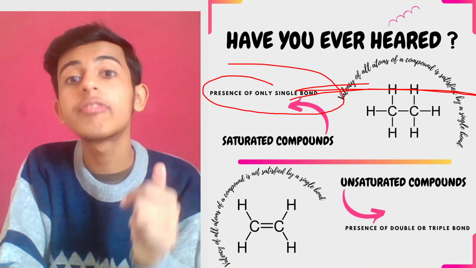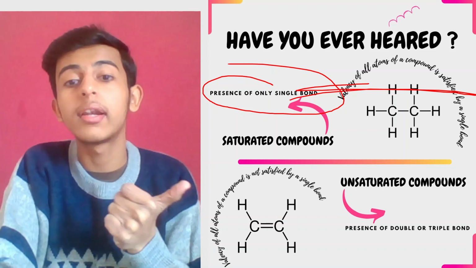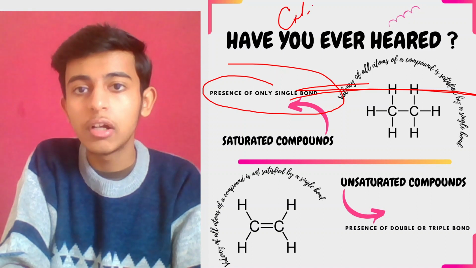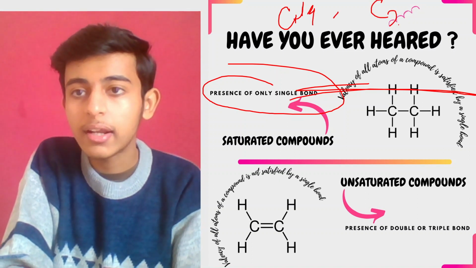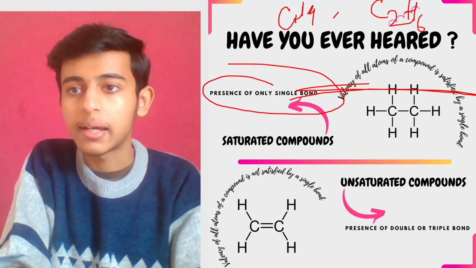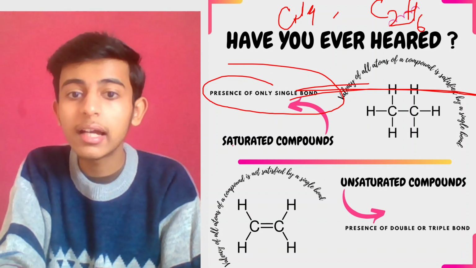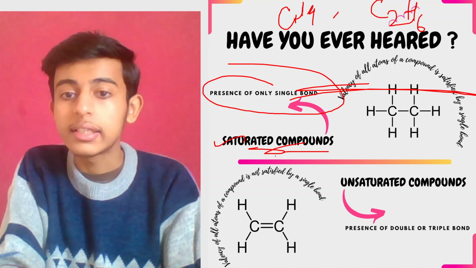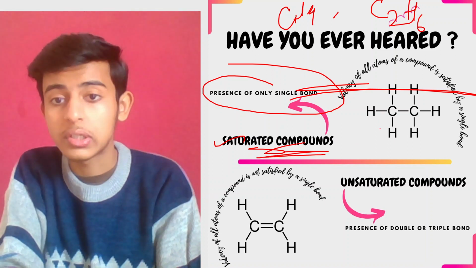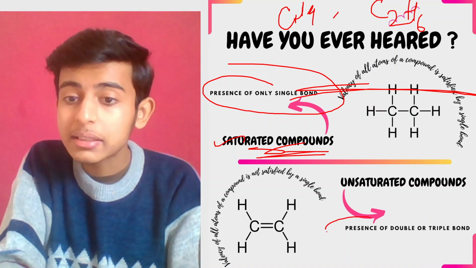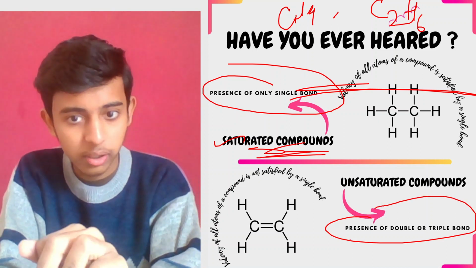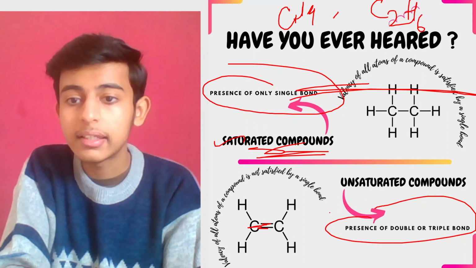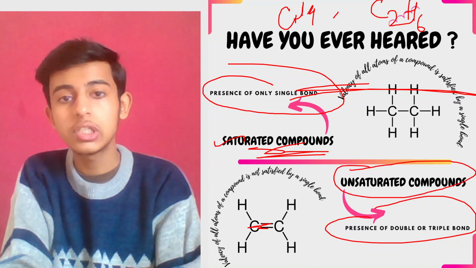So remember, if it is a single bond, then the compounds formed by single bonds, for example methane, for example ethane, right? They are termed as saturated hydrocarbons, saturated compounds. Whereas if there is a presence of a double or triple bond, the double bond will be indicated by these 2 dashes, then they will be termed as unsaturated compounds.